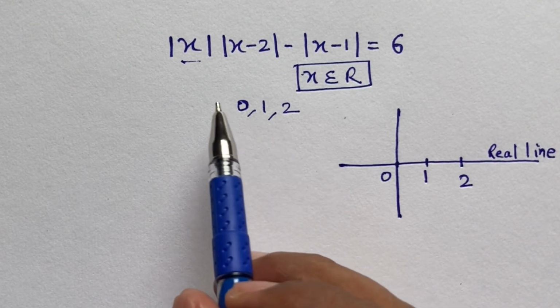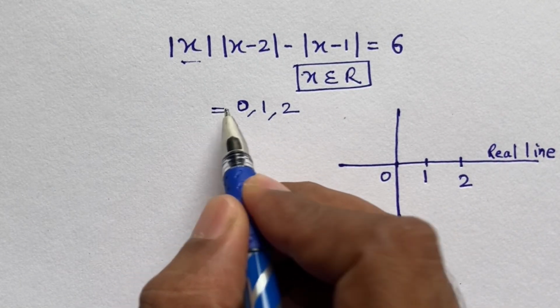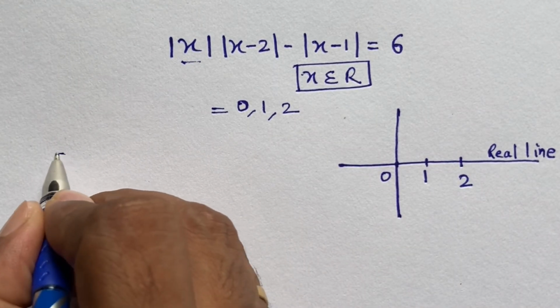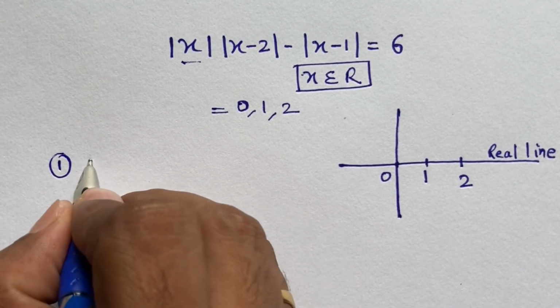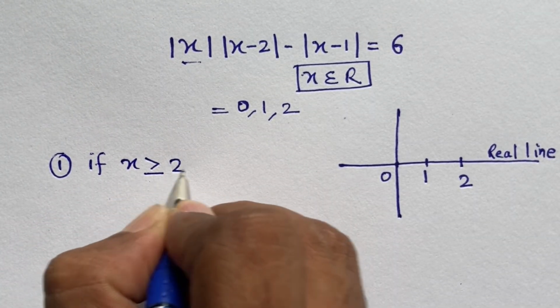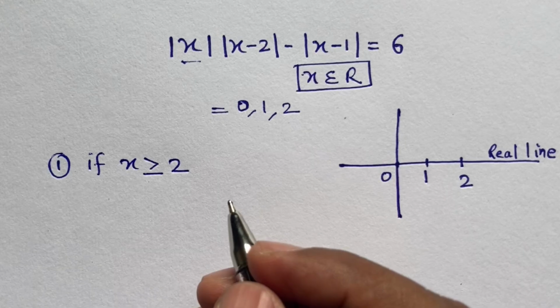As the absolute value is changing at these three points, I'm going to take the first case, assuming x is greater than or equal to 2.